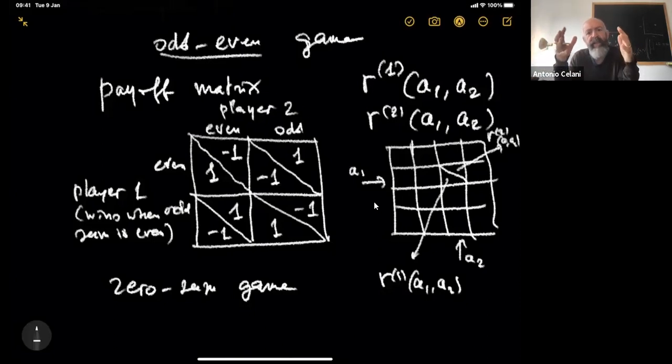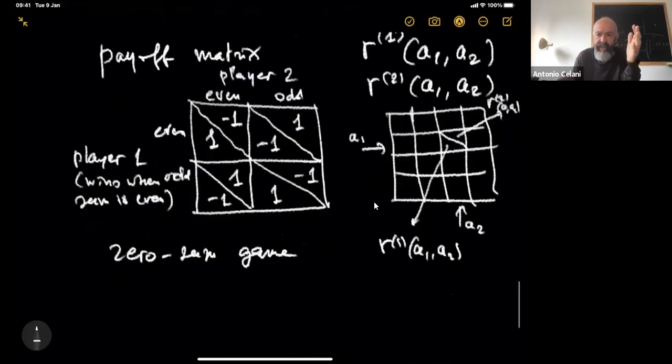That's why in this case, this is the equivalent of a bandit problem, because there's just one state, one payoff matrix, and the rewards depend only on the actions. In a Markov setting, this means that you choose policies just based on actions.